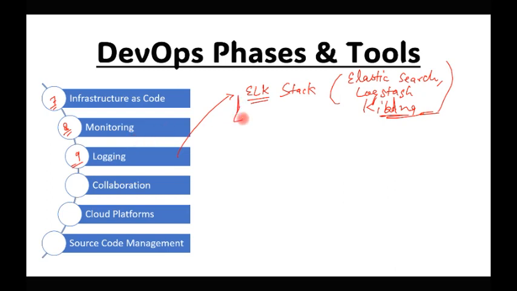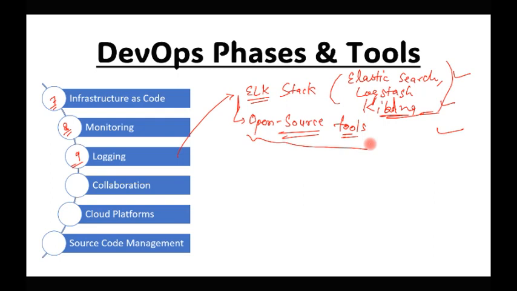These are open source tools for searching, analyzing, and visualizing log data in real time. So what do they do? They search, analyze, and visualize. This tool particularly performs three tasks: we can use it for log aggregation, analysis, and visualization purposes.